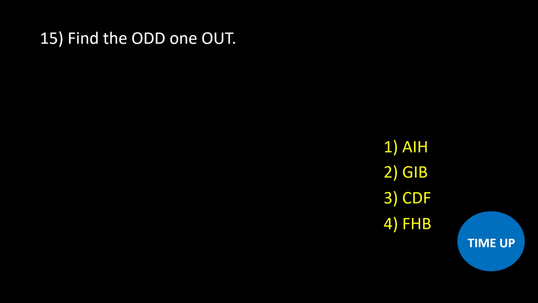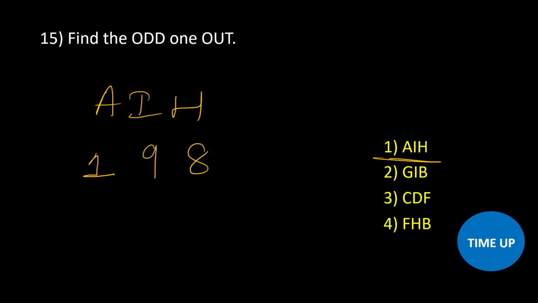So coming to the question, AIH. A is 1, I is 9, this is 8. So what is the logic do you think here? 1 plus 9 is not 8. So in the previous question what we had done? This plus this we had added. Correct? This two we had added and we got the answer here.